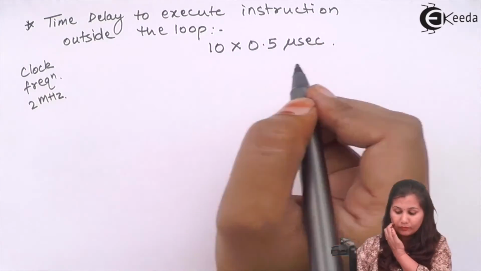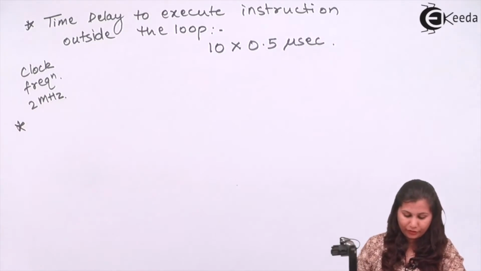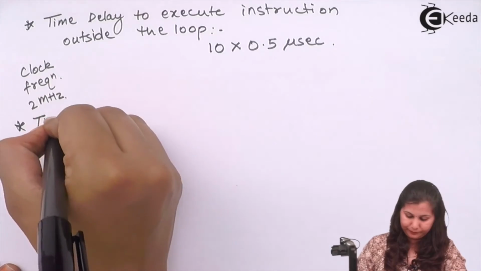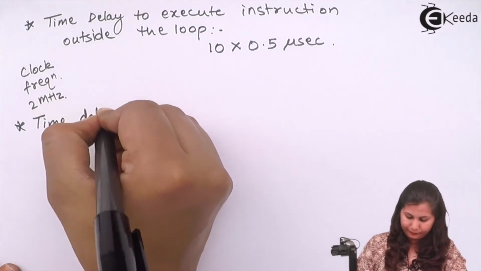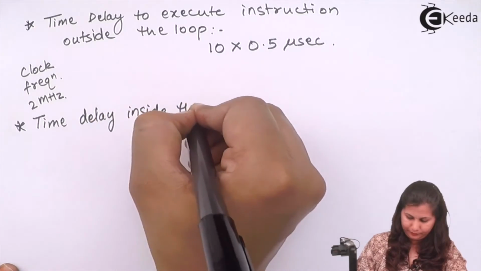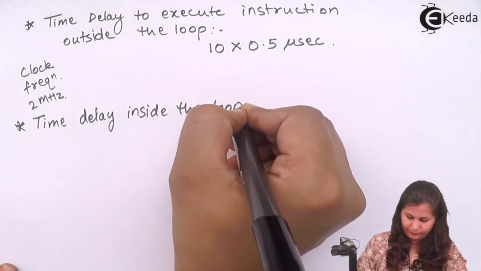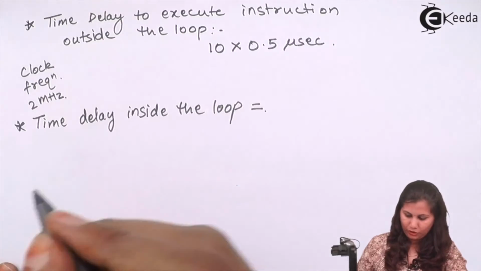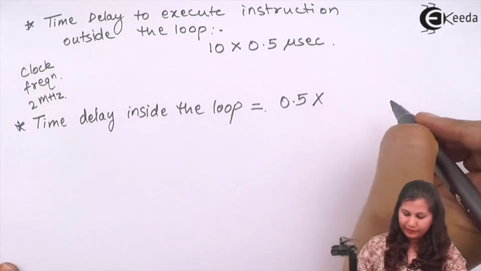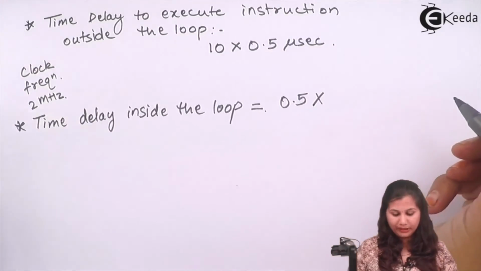Now for the instructions inside the loop, we will have this clock period 0.5. Then we have the total number of T states.